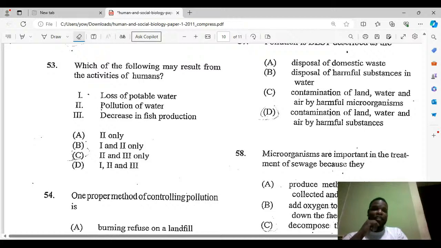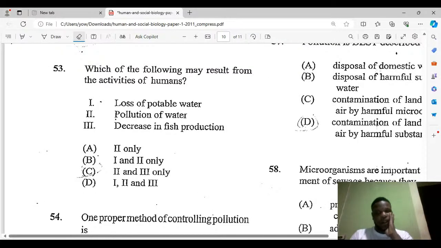It says, which of the following may result from activities of humans? It's 53. We're at 53. I'm seeing one person with D, C and D. I'm seeing another person with D. I'm going to lean to D. Loss of potable water.